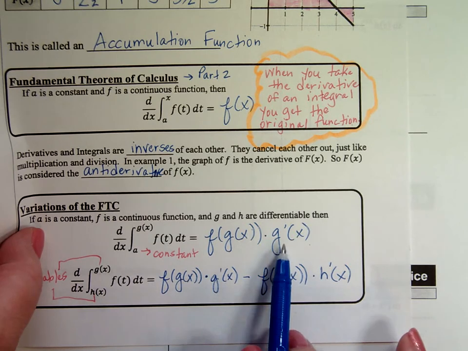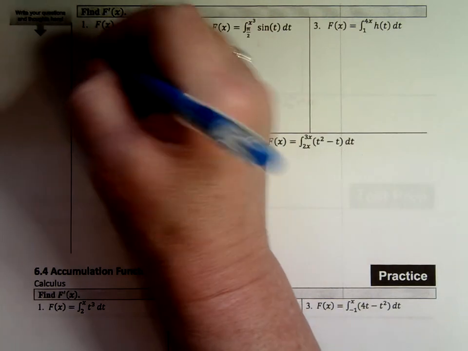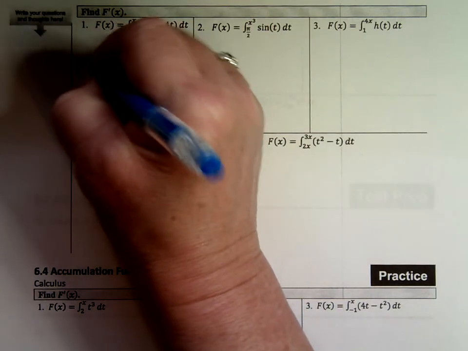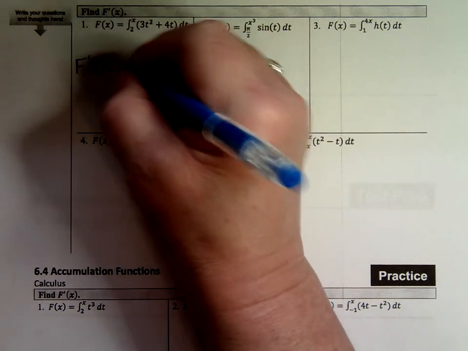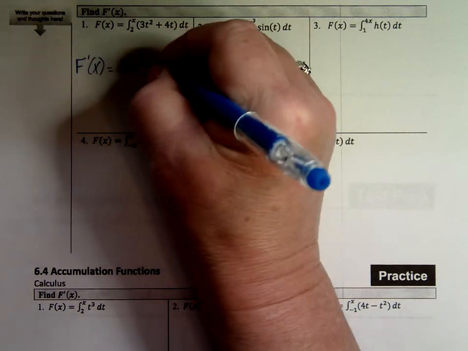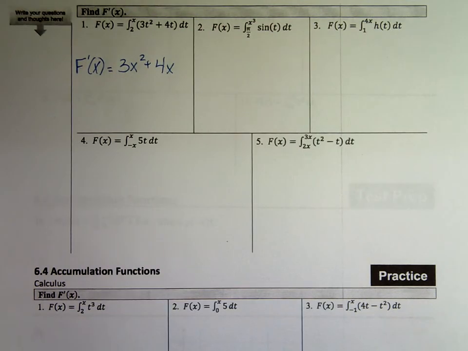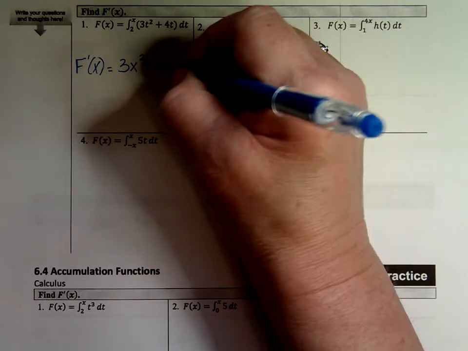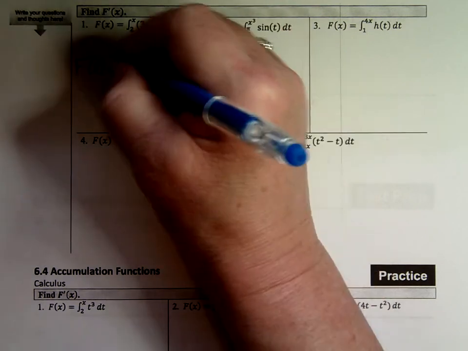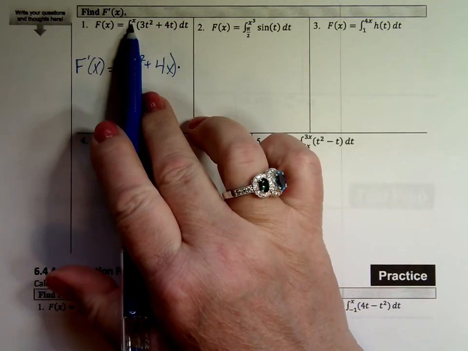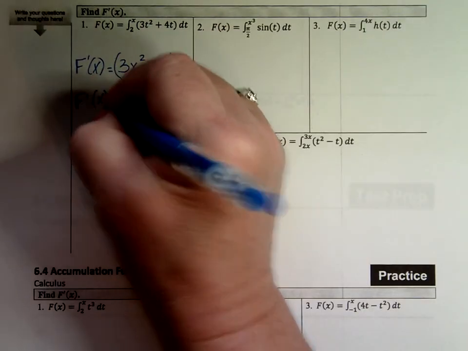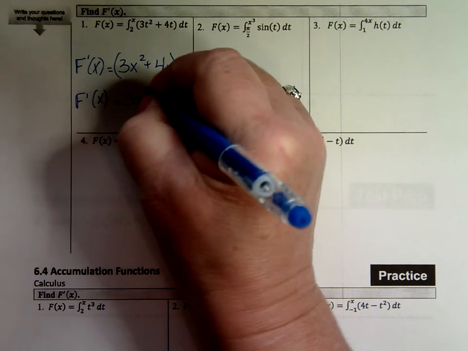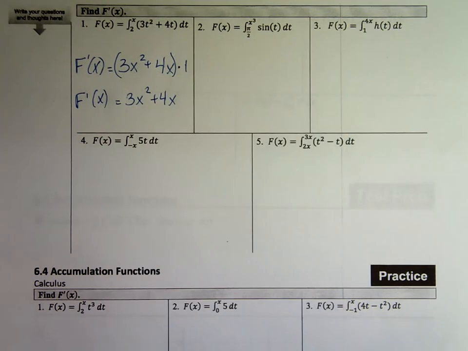And then I'm going to multiply it by the derivative of x. So I'm applying that rule, which means that f prime of x is going to equal, plug an x in, right? Plug an x in. That gives me 3x squared plus 4x. And then multiply it by the derivative of this whole thing. Well, the derivative of x is just 1. So really my answer, I didn't really need to do that, but I'm just going to show you that there was a 1 there, not that we needed it, and that's my answer.